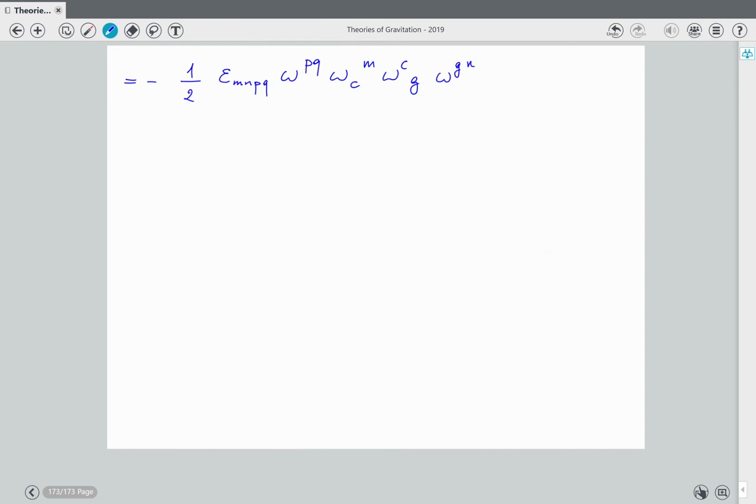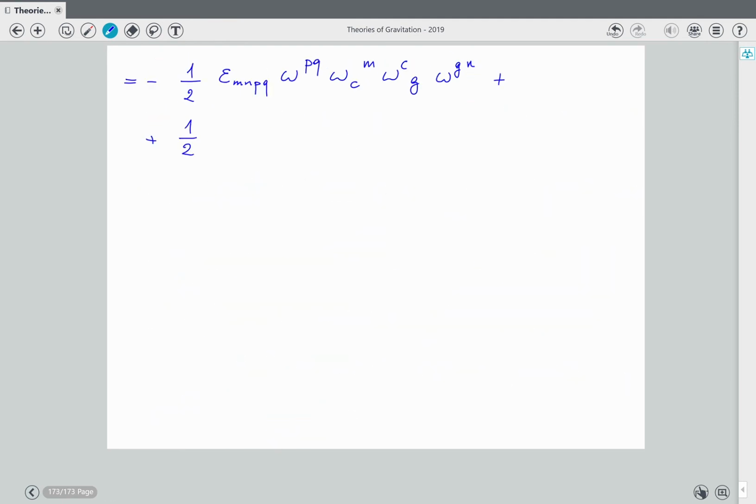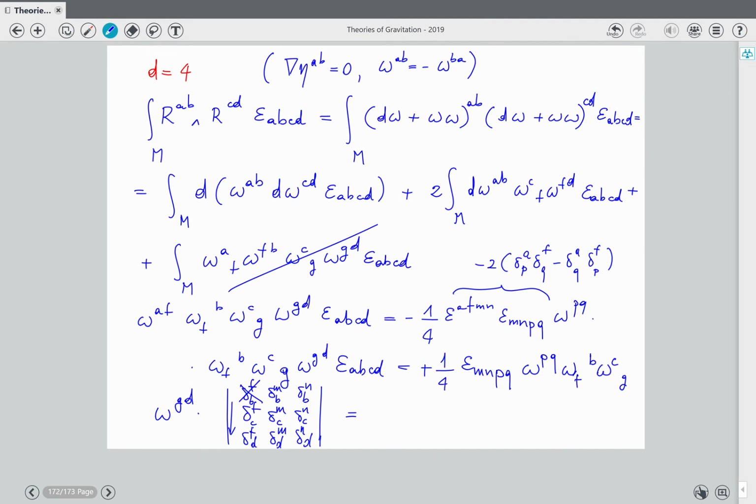Okay. The two will give the same contributions. But anyway, delta FD means, okay, FD, whatever.